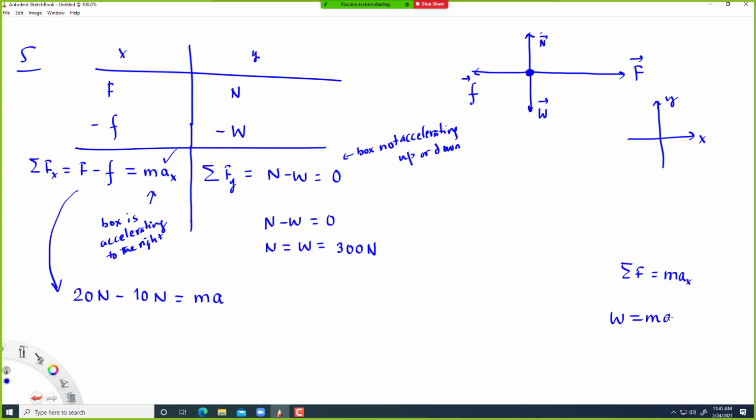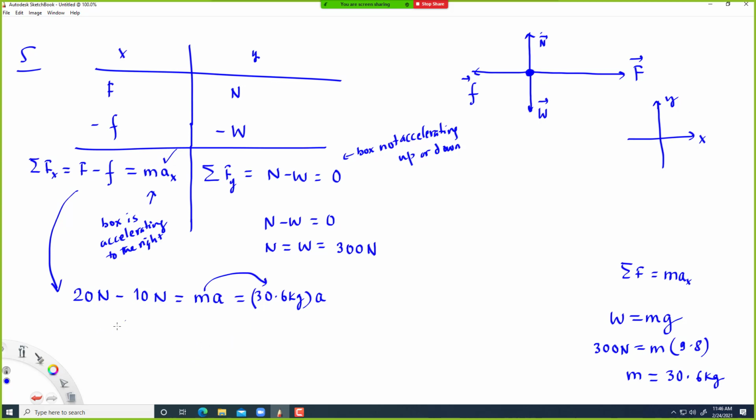Mass is not given, but we are given the weight. Weight is 300 Newton. G is 9.8. So that gives us the mass. So 300 over 9.8, that is 30.6 kilogram. Okay, that's the mass. So that is 30.6 kilogram times A.